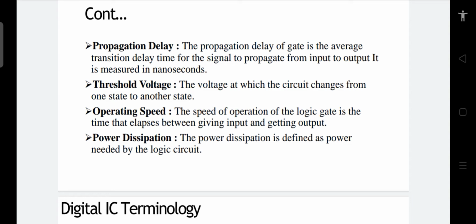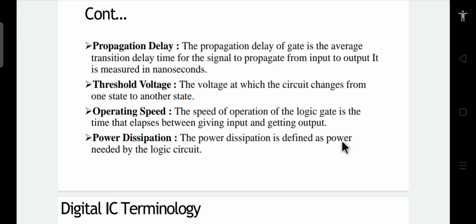Then the threshold voltage. Whenever we talk about digital gates, they are all digital circuits, so they operate on 0 and 1 levels. Whenever a circuit is transiting from 0 to 1 or 1 to 0, there is in between an intermediate voltage.